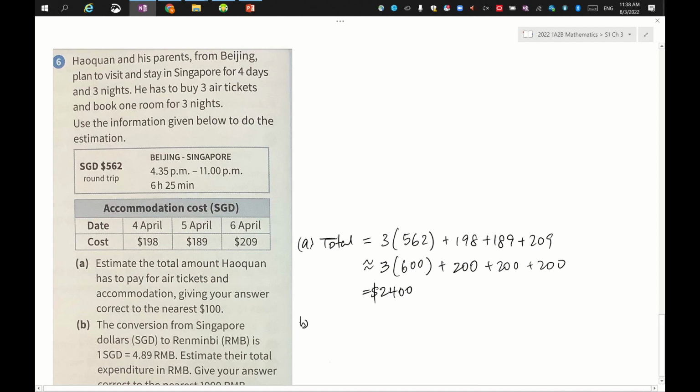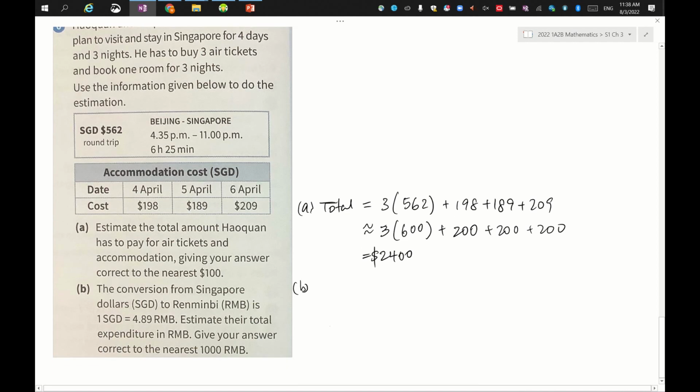And then in part B, it says that the conversion is 1 Sing dollar to 4.89 RMB. Estimate the total expenditure in RMB. Okay, so the estimated total is equal to, we are just going to estimate 2,400. We're going to use that 2,400. I don't need the exact value because they tell me to estimate.